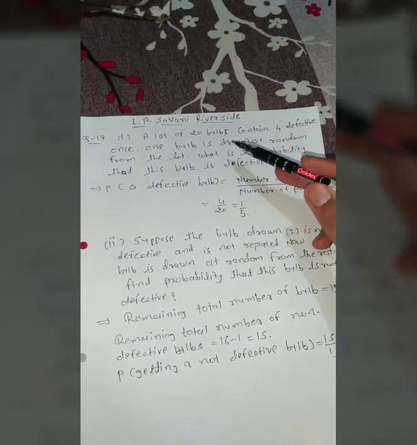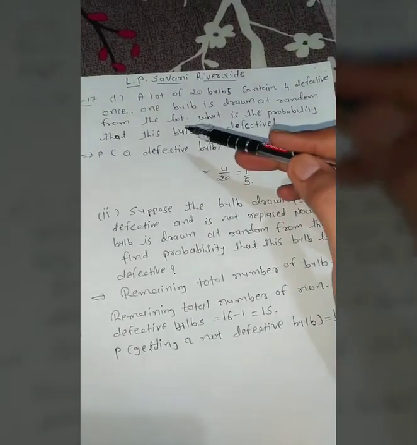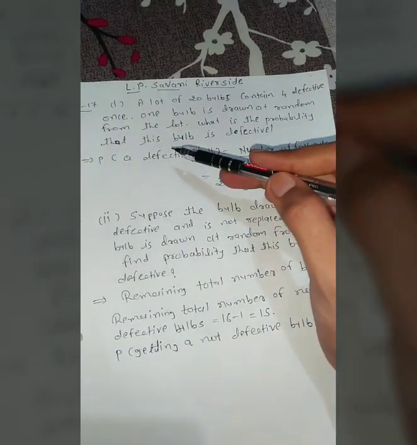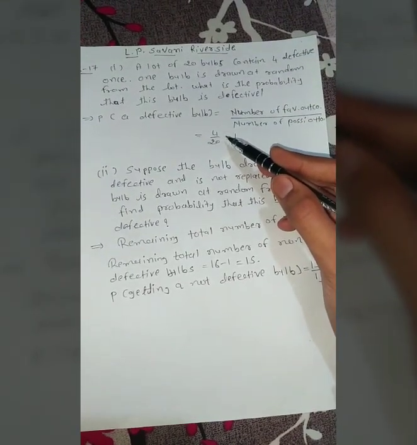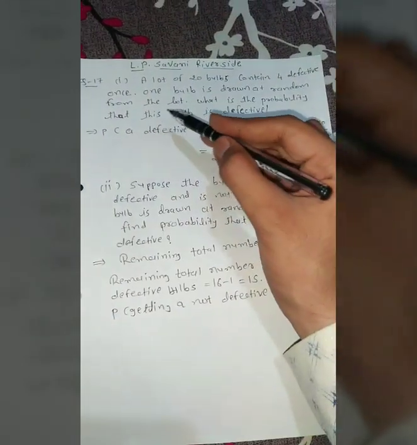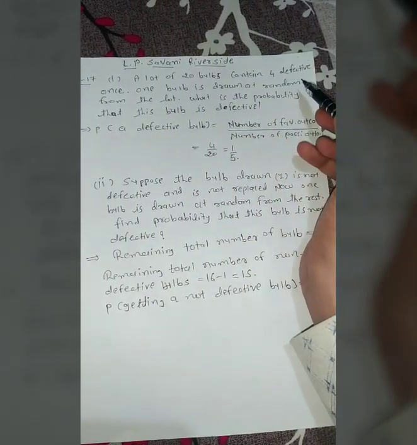We take question number 17. A lot of 20 bulbs contains 4 defective ones. One bulb is drawn at random from the lot. What is the probability that this bulb is defective? So first, P of a defective bulb is equal to the number of favorable outcomes upon the number of possible outcomes. The number of favorable outcomes is 4, because in this lot of 20 bulbs there are 4 defective.